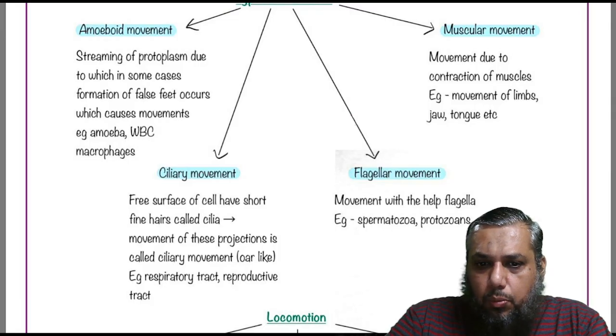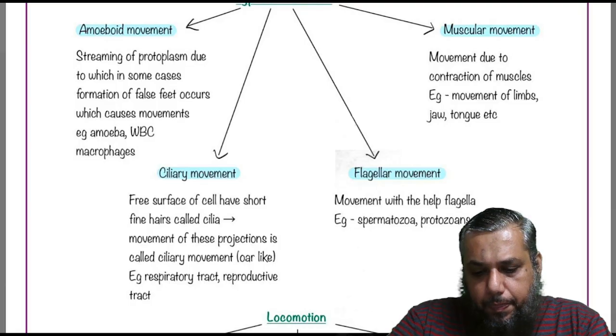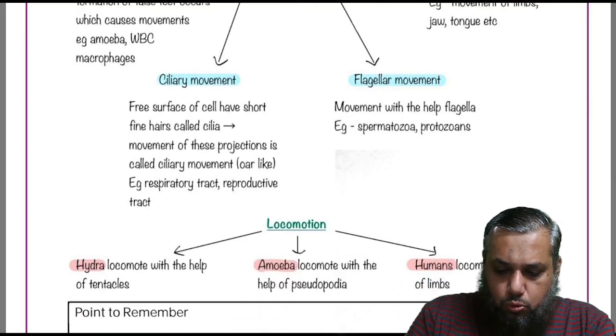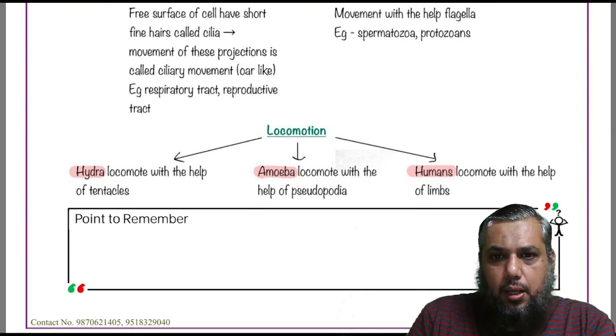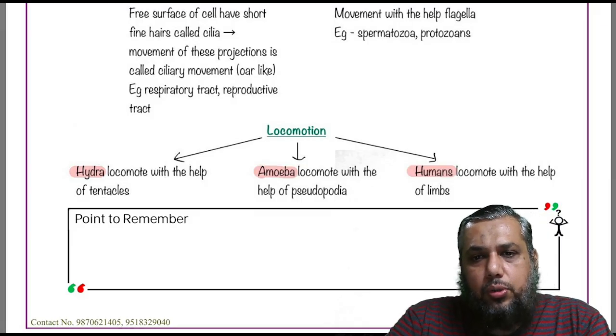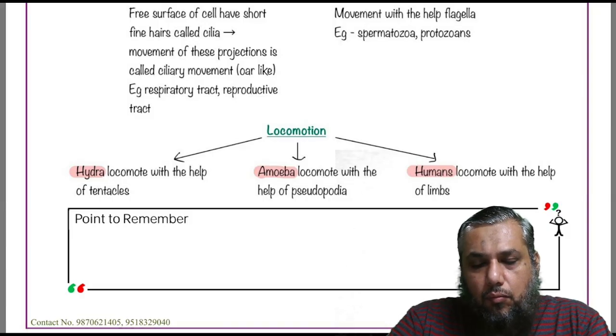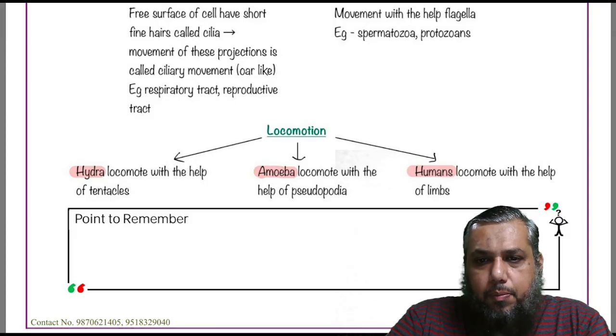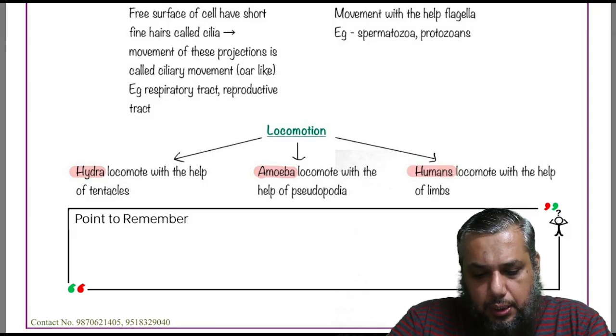And the topic of our discussion is going to be the movement that occurs due to the contraction and relaxation of muscles, and that is called as the muscular movement. So human beings show movement and locomotion, and we do that with the help of our muscles. Locomotion in kingdom Animalia is with the help of different parts.